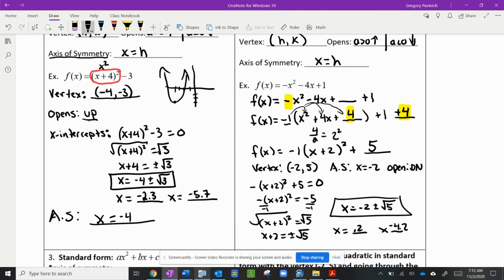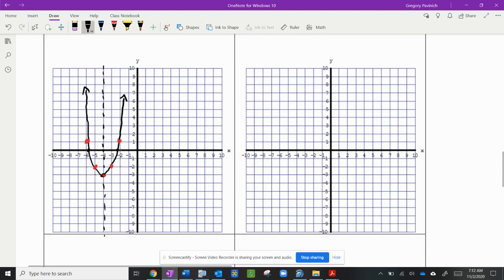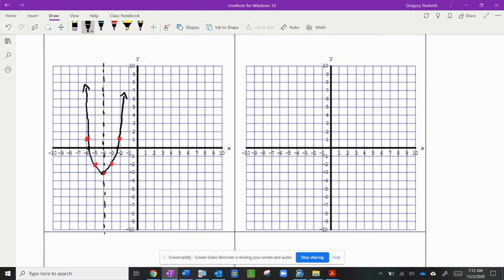Okay, and now I'm ready to graph this. So I have my vertex at -2, 5, and I had 0.2 and -4.2, and the axis of symmetry. There we go.